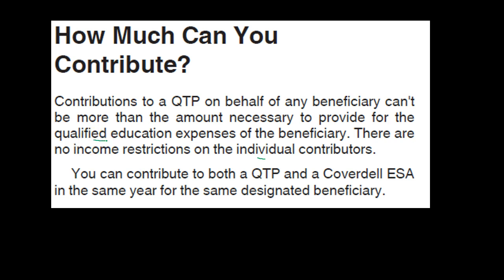So if we're imagining putting money into the QTP, obviously, we don't have that AGI-type limitation, and we don't have the same kind of dollar limitation. But of course, at the point in time that the money will be used for qualified higher education, we can't have more in there than it's going to be used for, because there's not going to be any tax benefit at that point.